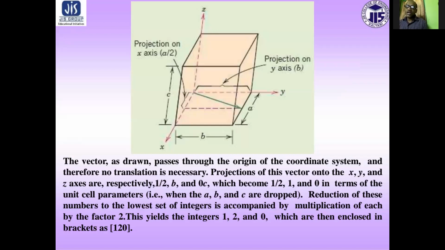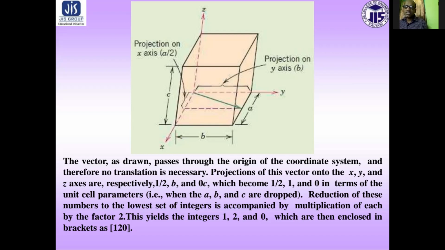Now, in this figure, it is shown a unit cell with crystallographic axes, a cubical cell, where we need to find a point given as a projection on the x-axis, that is a by 2. The vector is drawn passing through the origin of the coordinate system, and therefore no translation is necessary.